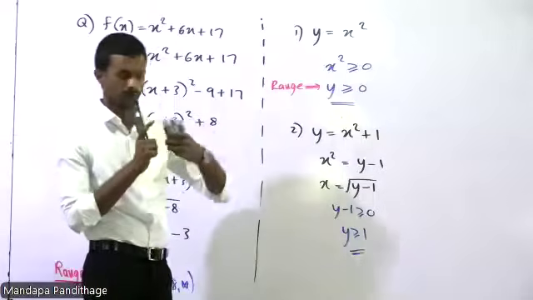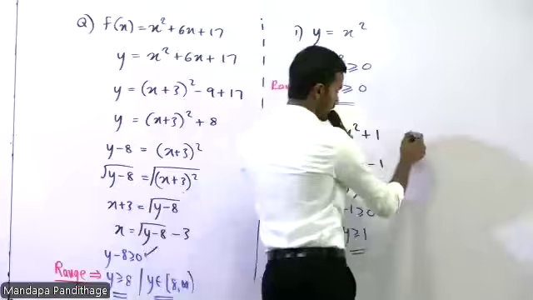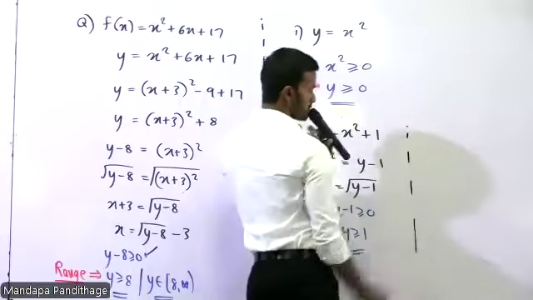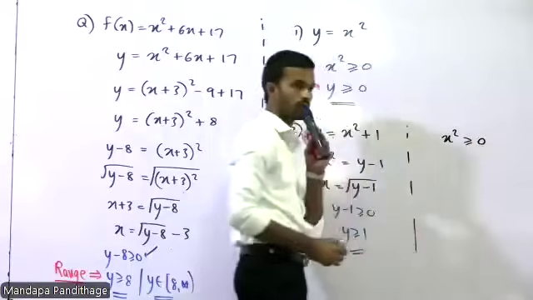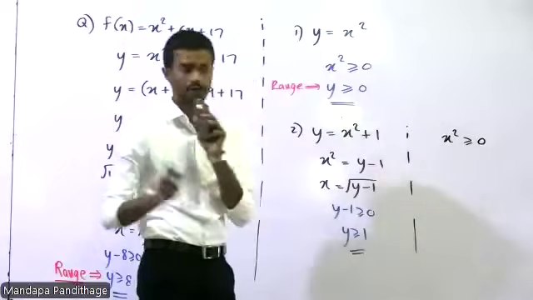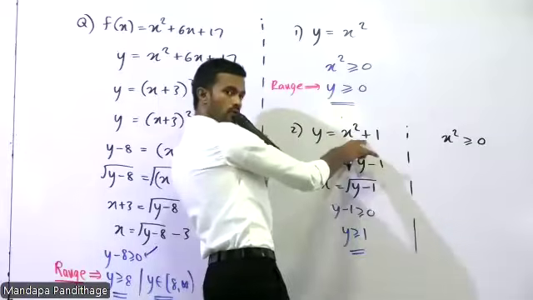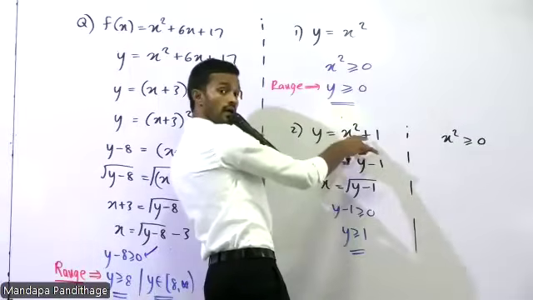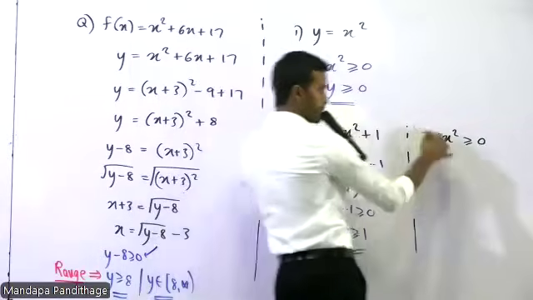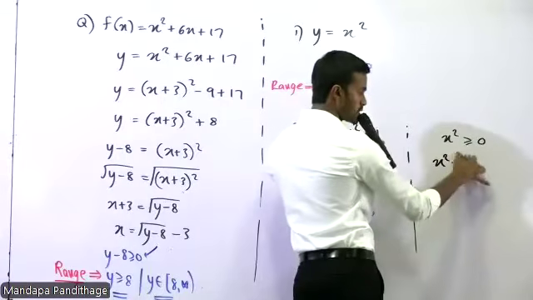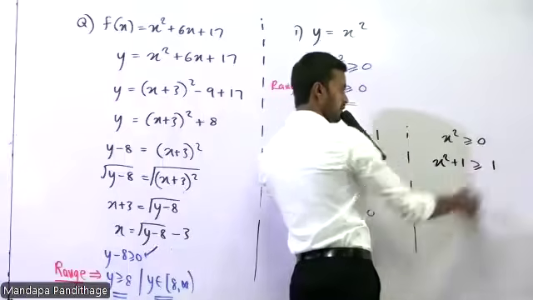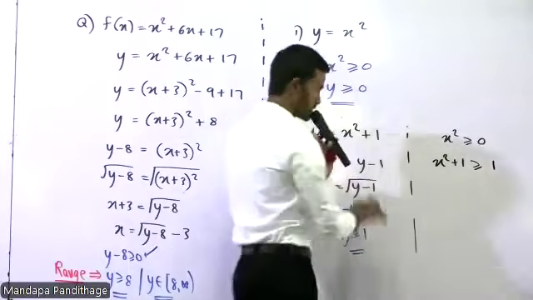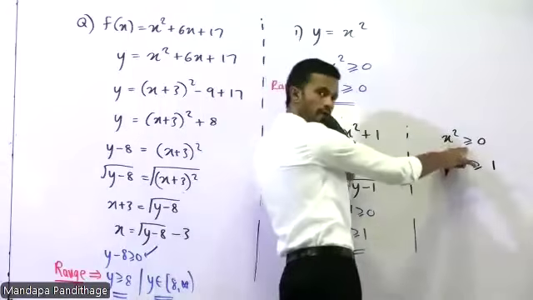That's clear. Now look at the other method that I just discussed. What can you say about x squared? It is greater than or equal to 0, so that you admit. So when I add plus 1 to both sides, I get that x squared plus 1 is greater than or equal to 1, because x squared is greater than or equal to 0.